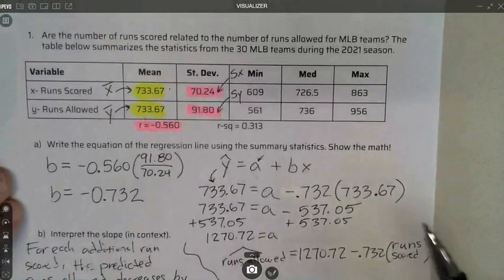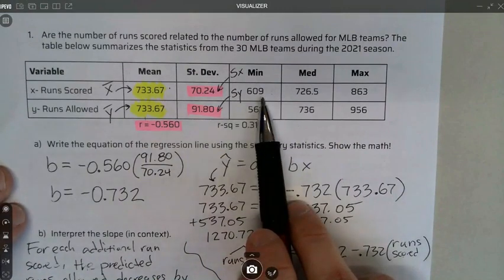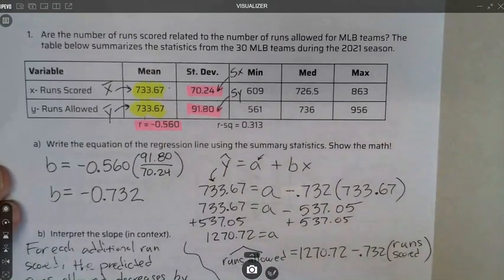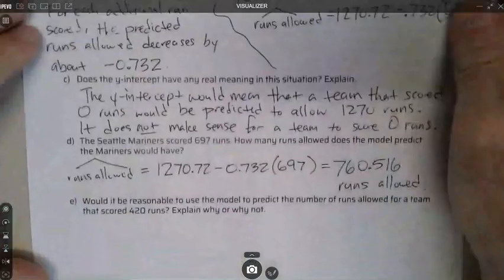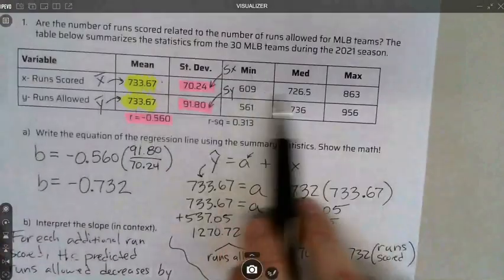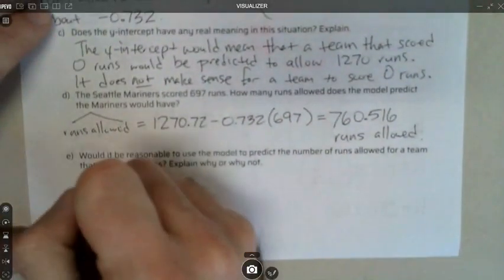So looking at the table here, the minimum was 609, and 420 runs is going to fall well below that. So this model would be extrapolating, and that would not be a good idea. It's really trustworthy between 609 and 863 runs scored. 420 is just well outside that. So we'll say no.